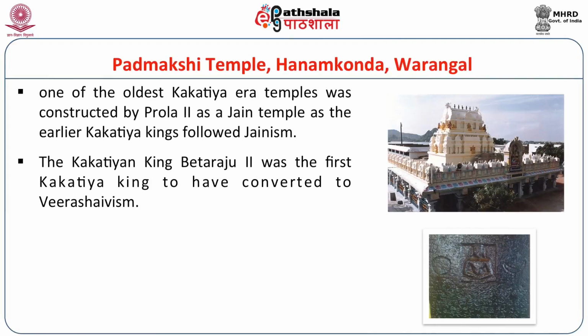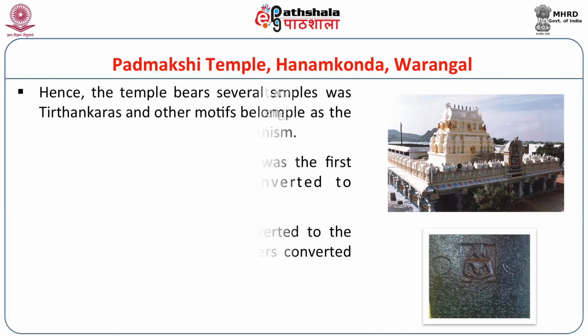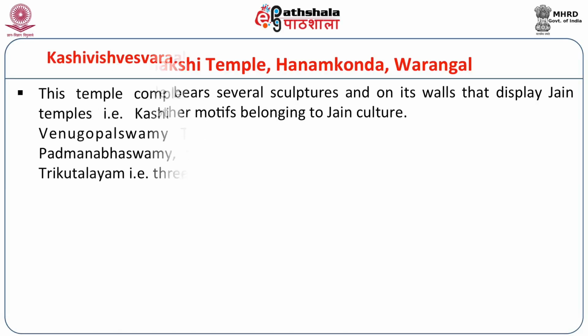The Kakatiya king Betaraju II was the first Kakatiya king to have converted to Veerashaivism. This temple too was later converted to Padmakshi temple once the rulers converted to the cult. Hence, the temple bears several sculptures on its wall that display Jain Tirthankaras and other motifs belonging to the Jain culture.